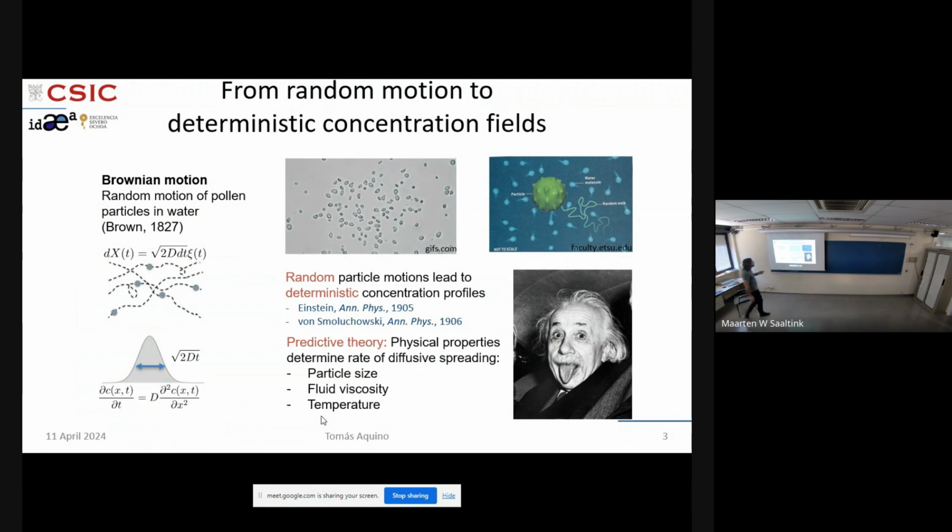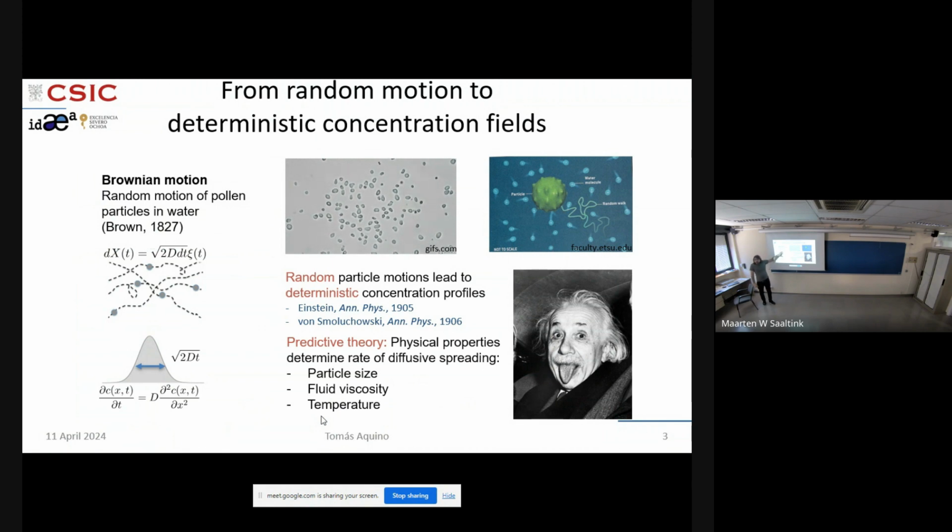What's important here for the presentation is that this way of modeling Brownian motion in terms of particles that move randomly with some Gaussian jumps, okay, so they have a certain probability of moving in a certain way.